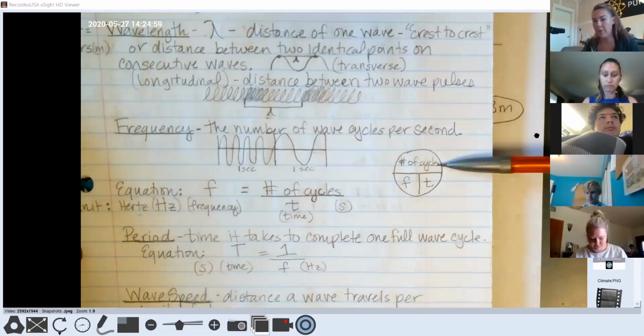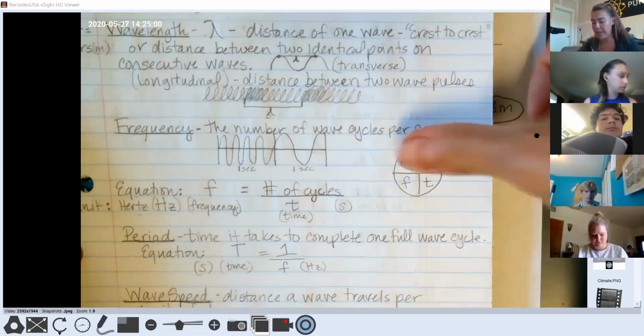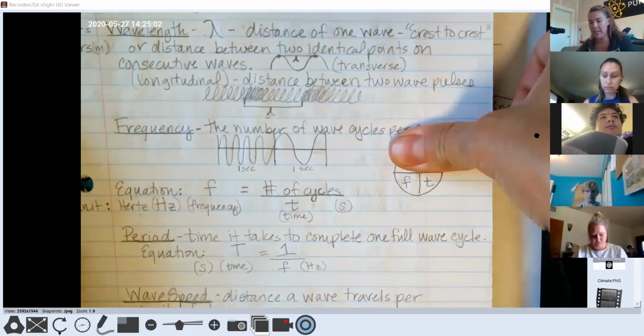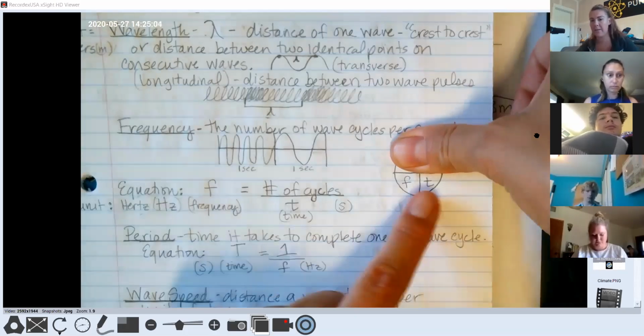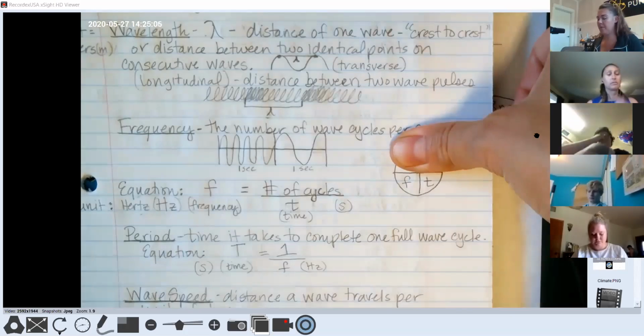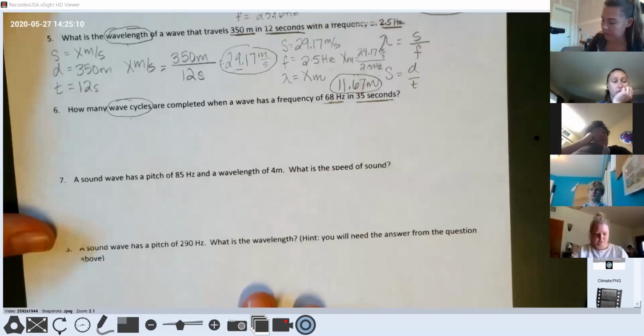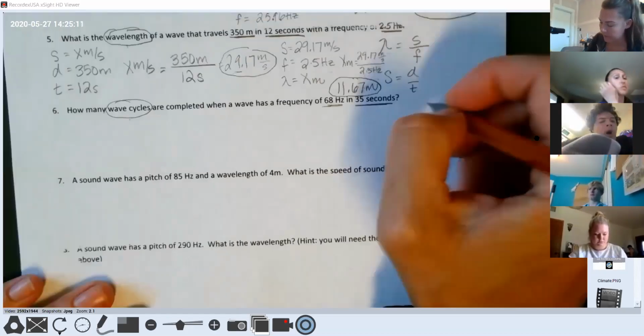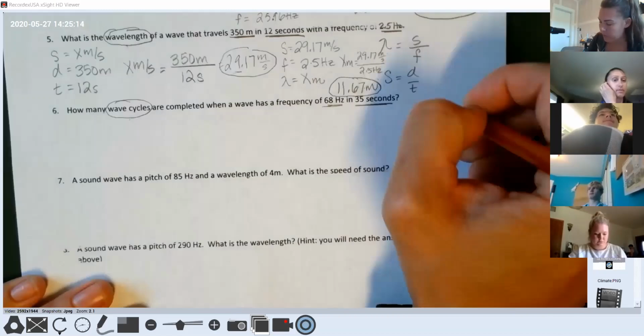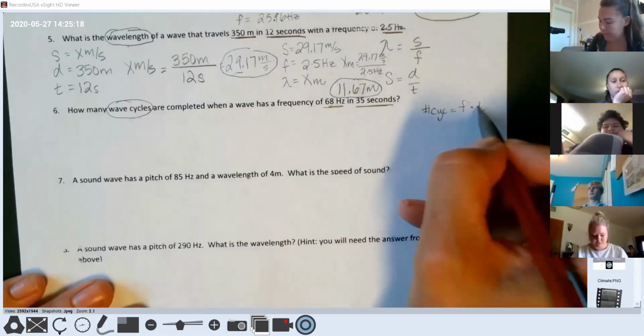So if I'm looking for number of cycles, I cover up number of cycles, and it shows me that I need to multiply frequency times time. So my equation is going to look like this. Number of cycles equals frequency multiplied by time.